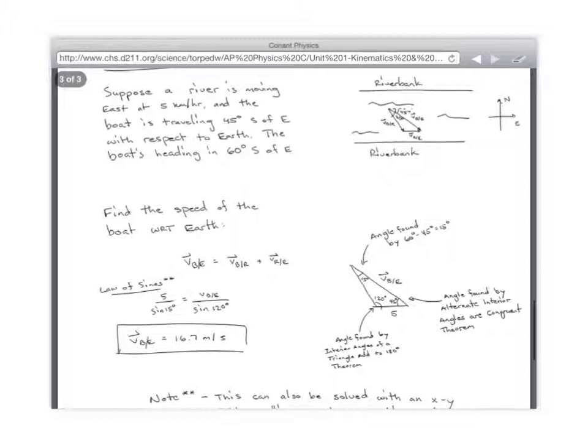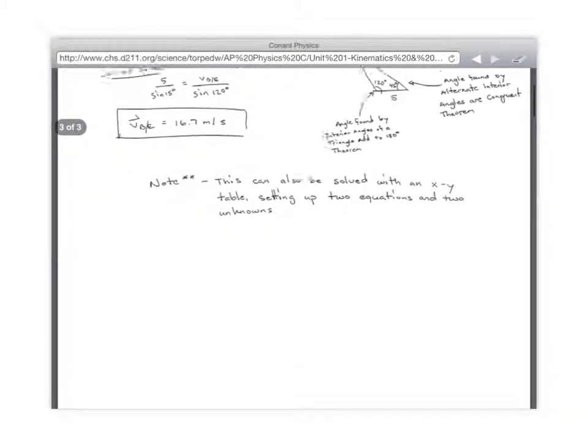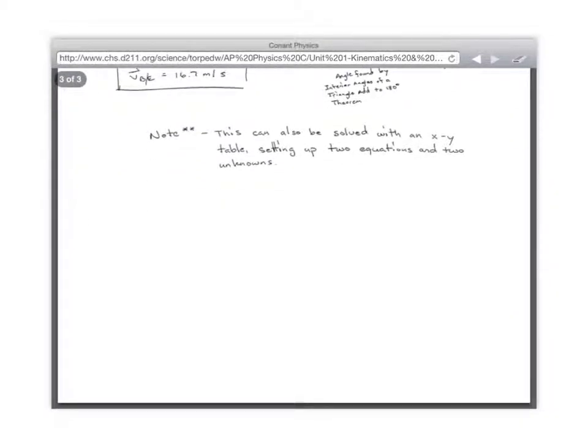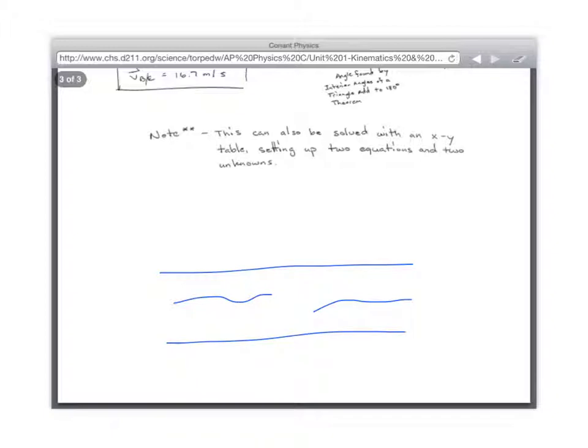All right, I'm going to do a little bit simpler one. Let's say here's your river, and your boat, you point the boat straight across the river.